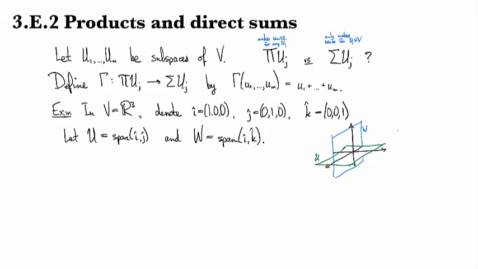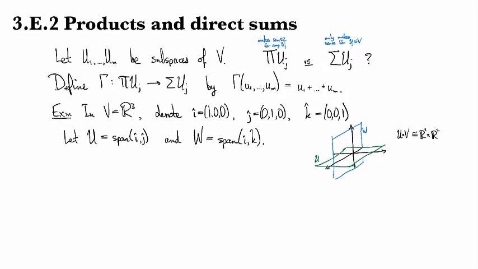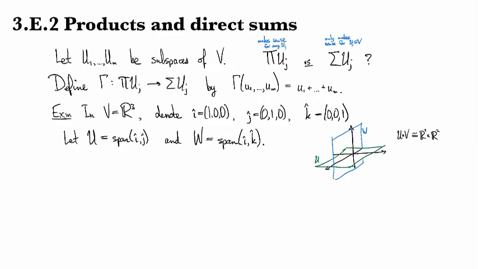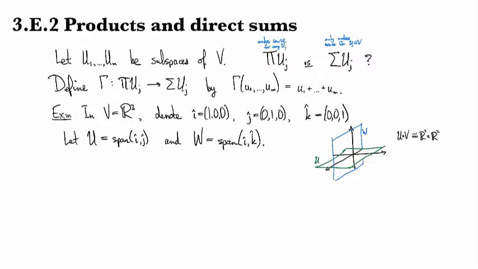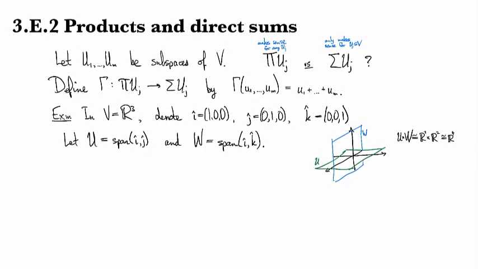Well, U cross W is going to be isomorphic to R2 cross R2, because we've got two components and each one of them is two-dimensional, right? There's the U component and the, oh, sorry, I called it V, I meant W. And so R2 cross R2, that's isomorphic to R4.